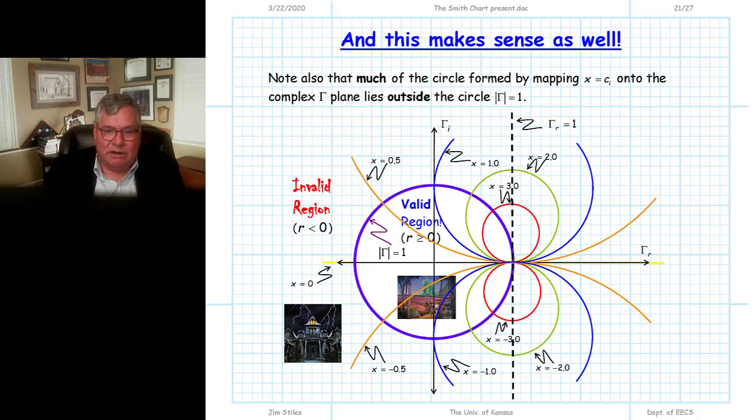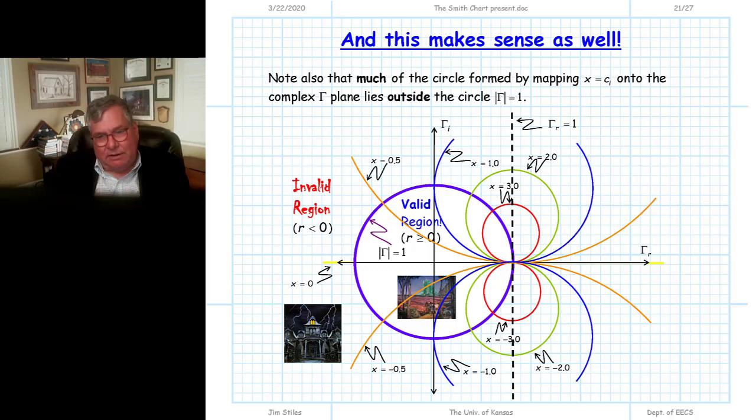Every circle intersects the open circuit as it must, and every circle intersects the unit circle at another point. And this is where again, the resistance of the impedance would be equal to 0, since the unit circle is the R equal to 0 contour there.